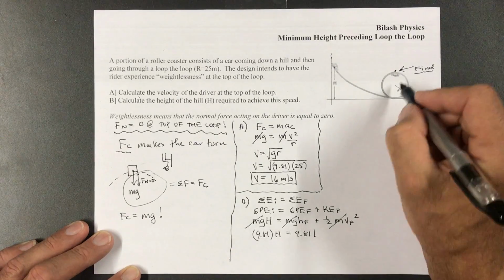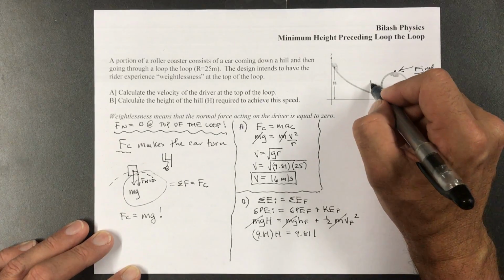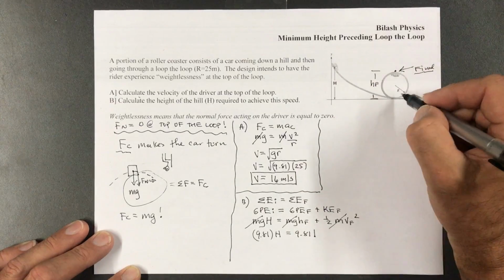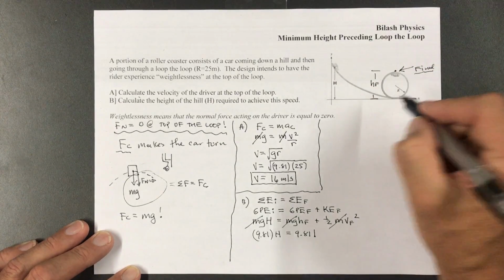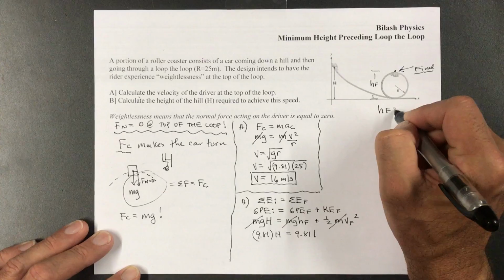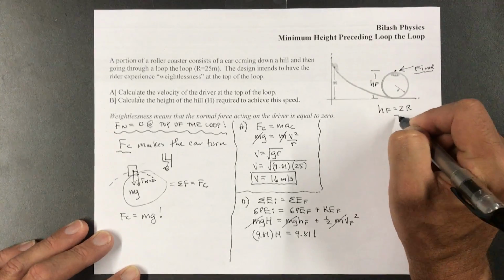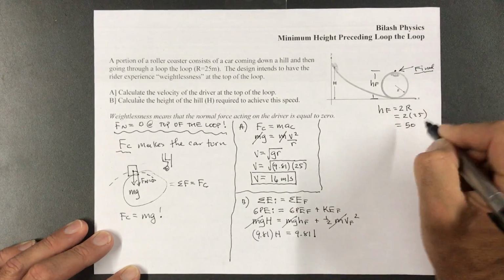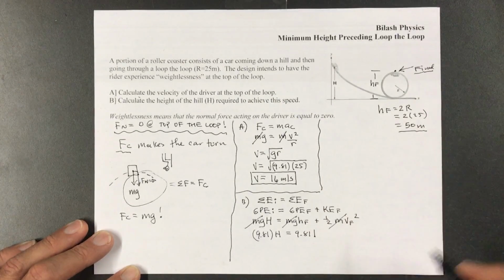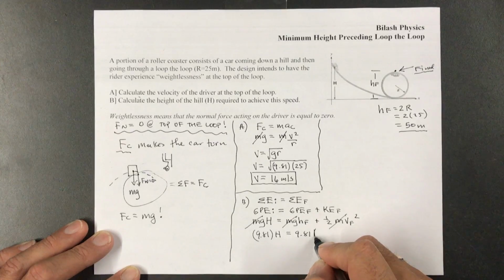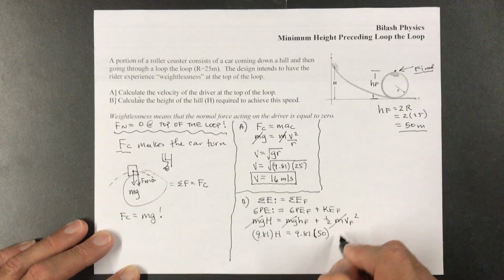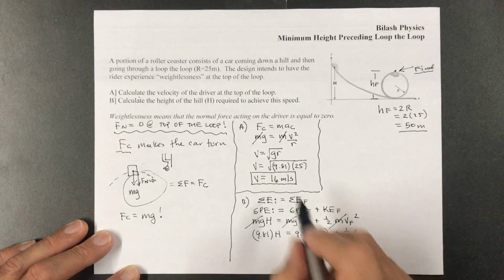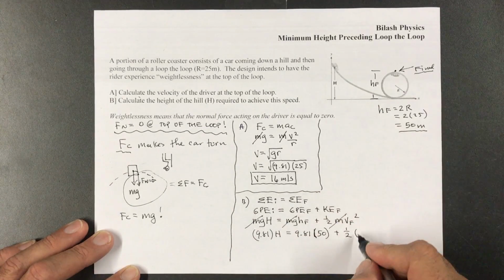What's the H final? So H final right here, from here to here, we see that it's twice the radius. It's the diameter of the loop. So H final is going to be equal to 2R, which will be 2 times 25, which is 50 meters. So what we could do is put 50 meters here, plus 1/2, and the final velocity would be the velocity at the top of the loop.